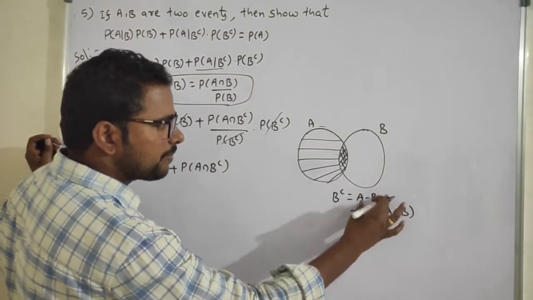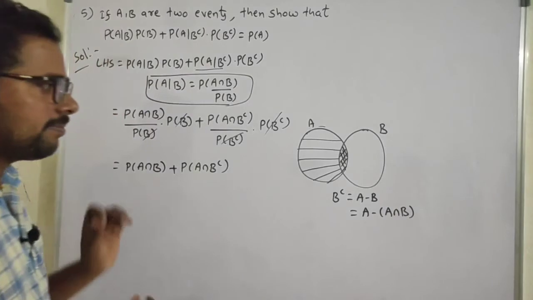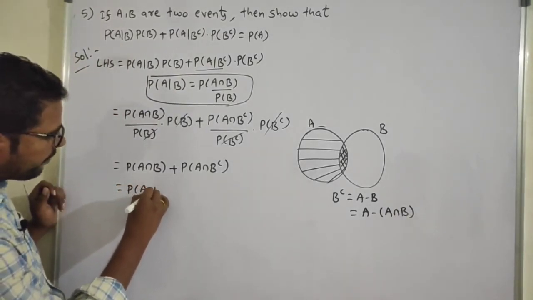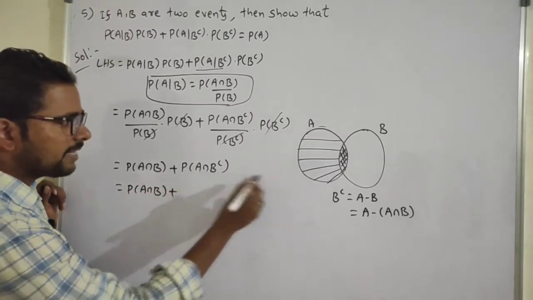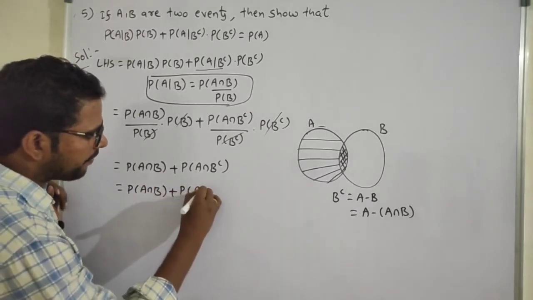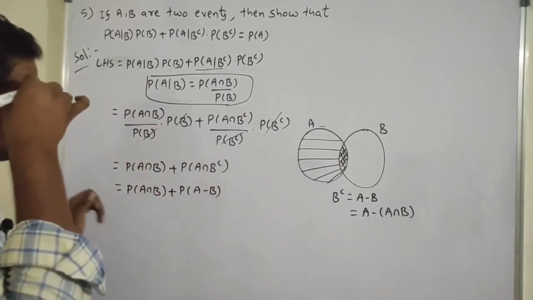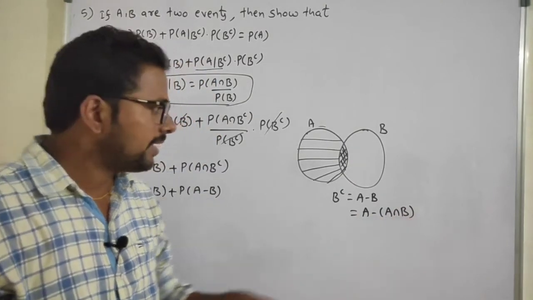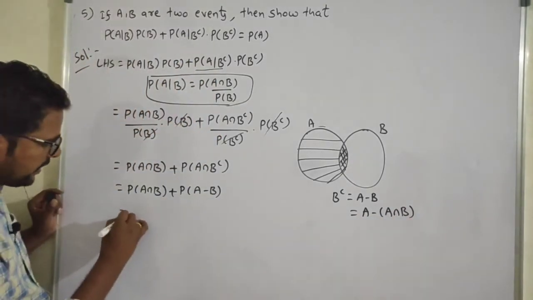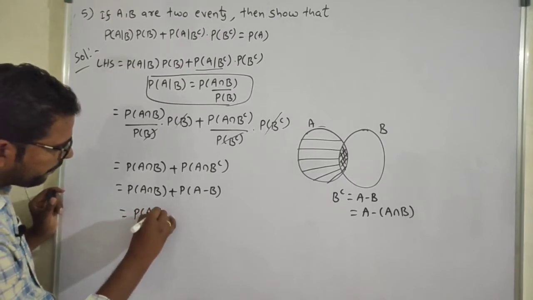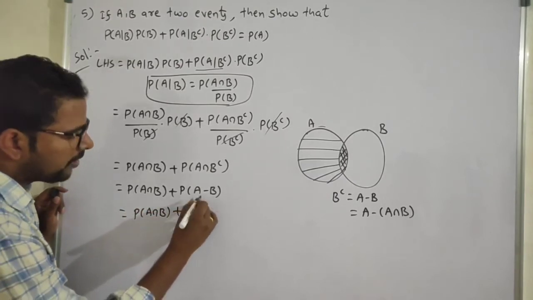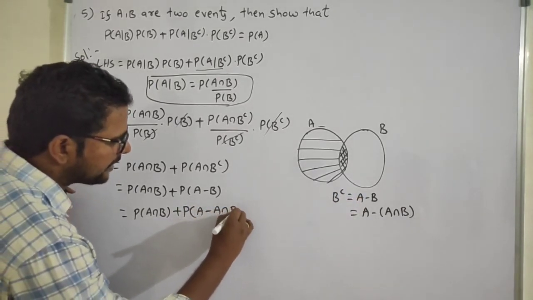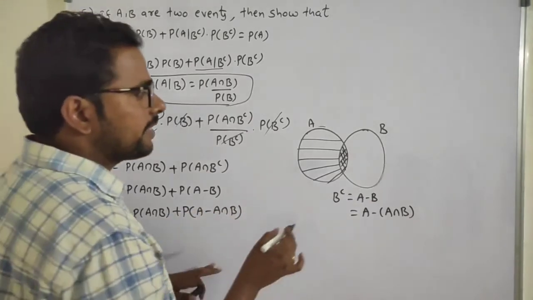So we can write A minus B as A minus A intersection B. So we can write this as P of A intersection B plus P of A minus B. So we can write P of A minus B as P of A minus A intersection B. So P of A intersection B plus P of A minus A intersection B. Both are disjoint.